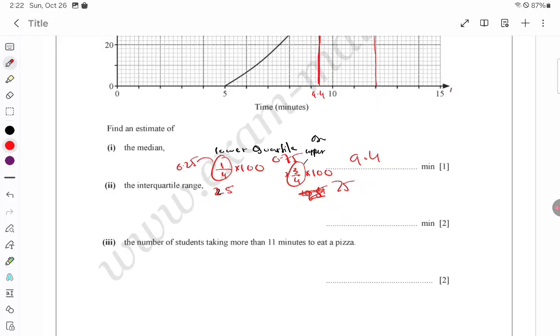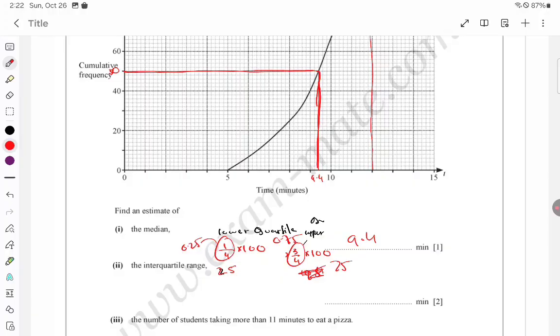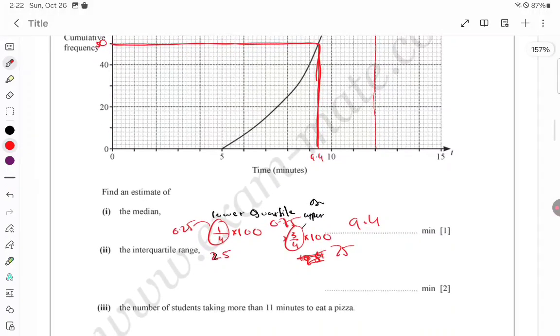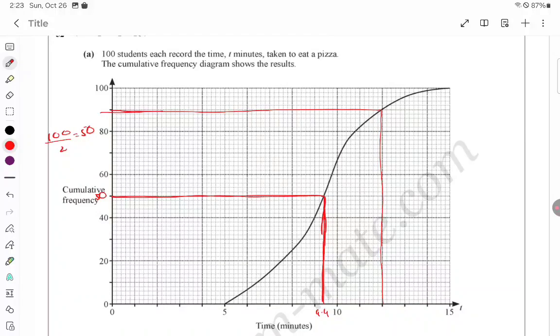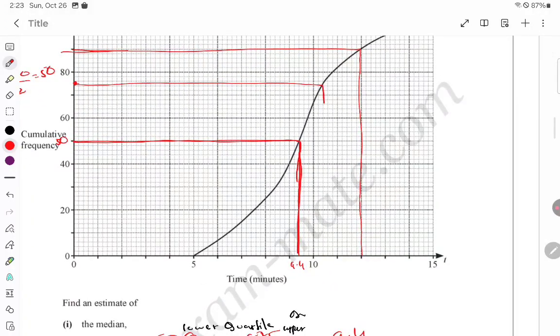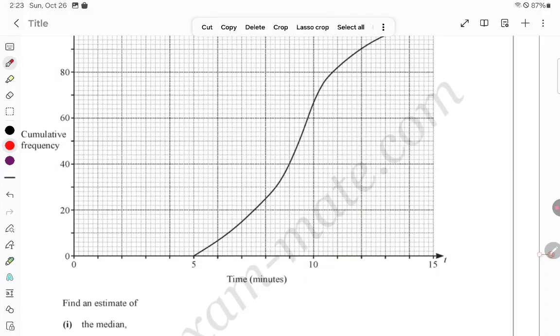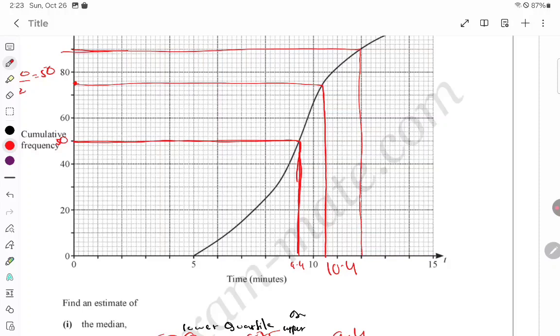Now for the interquartile range, at 75, right here somewhere, when we extend this, it will lie somewhere on 10.4, and for the 25, it will lie somewhere on this, 6, 7, 8.